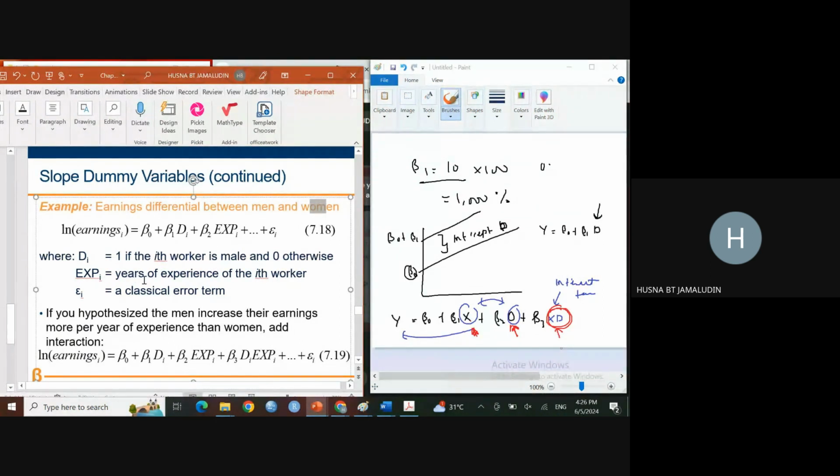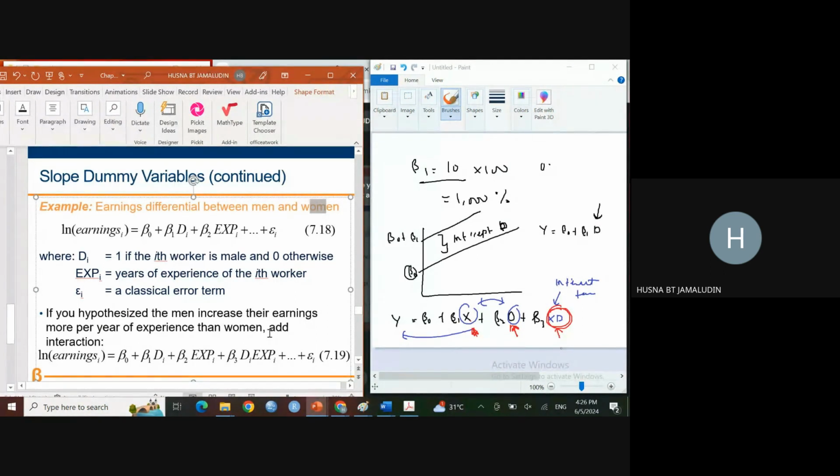Experience: of course we are assuming that the more your experience, the higher the earning will be. And then your error term. If you hypothesize that men increase their earning more per year of experience, you are talking about men and also including their working experience compared to women.